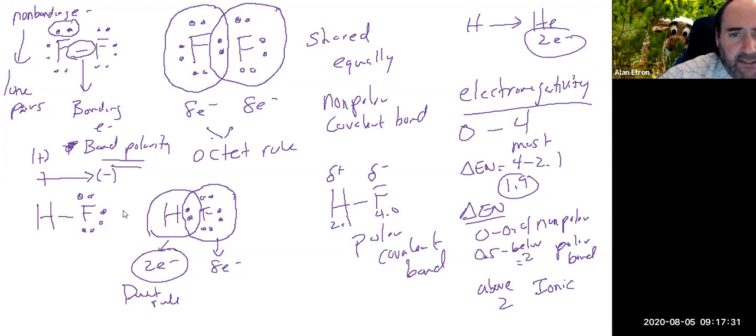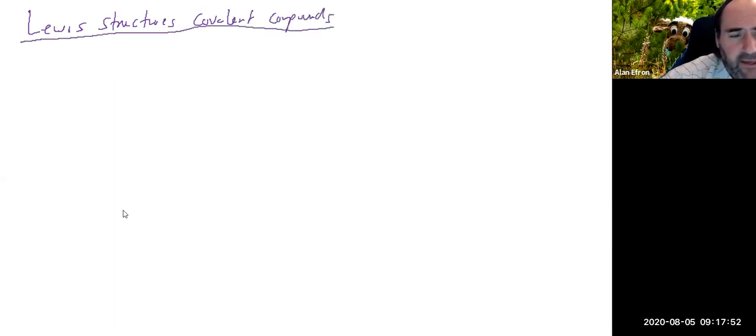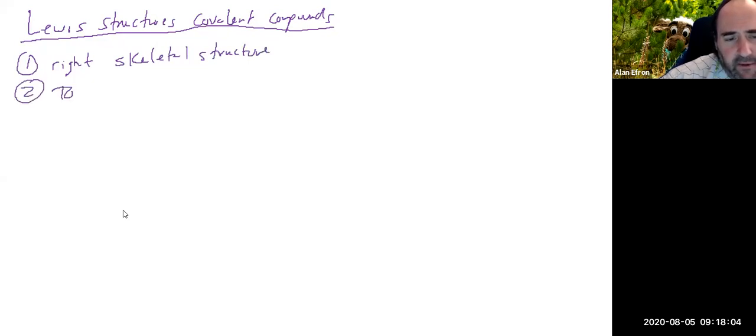And this led us to talking about actually drawing Lewis structures for covalent compounds. Really, you want to follow some rules when you do it. You want to make sure you get the right skeletal structure. You want to count up the total number of valence electrons.